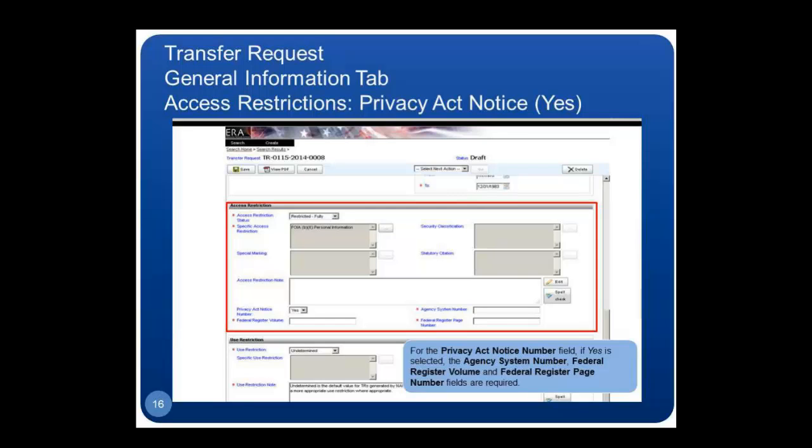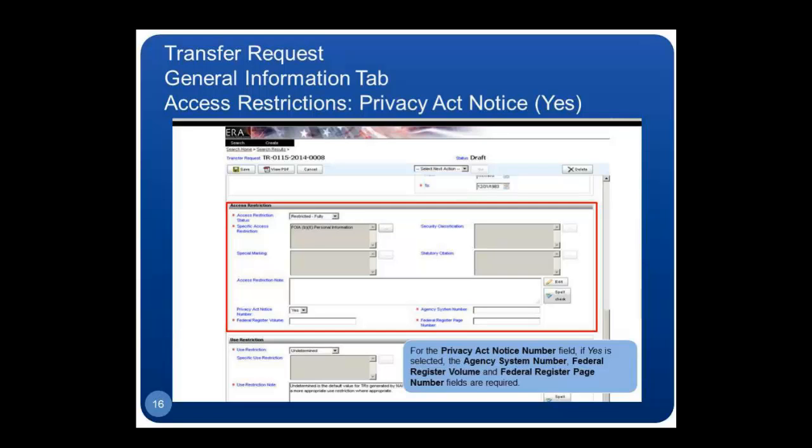That may be a conversation you'll want to have with your senior records officers. Those are decisions made agency by agency, and that depends entirely on the agency records officer decisions about who should have what roles in ERA, who should have ERA accounts at all, in your particular records management organization.